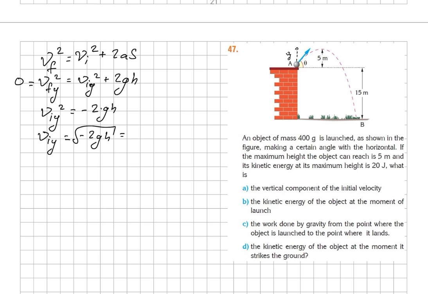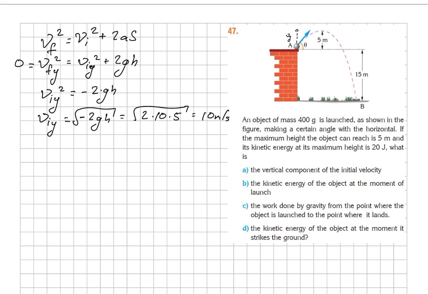Since the motion is against gravity, we put negative 10, so that cancels with this negative sign, and we are left with 2 times 10 times 5 under the root, which is equal to 10 meters per second. So the initial vertical velocity is 10. Next question, B.